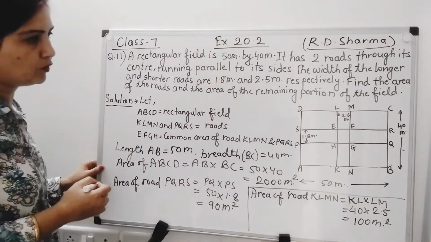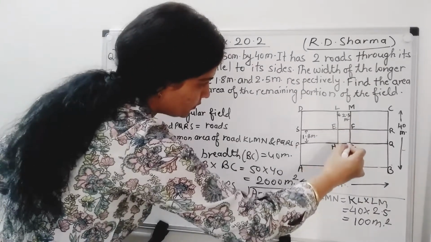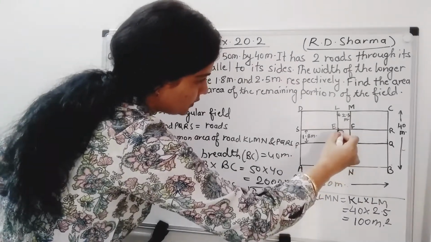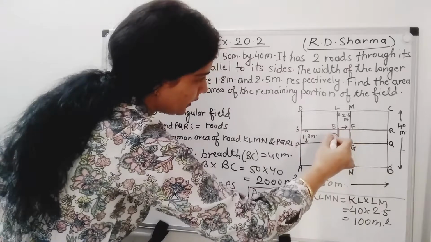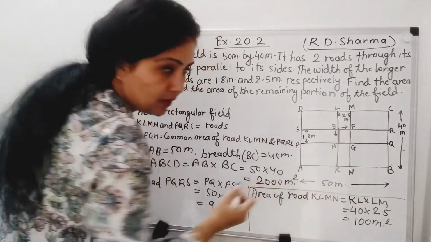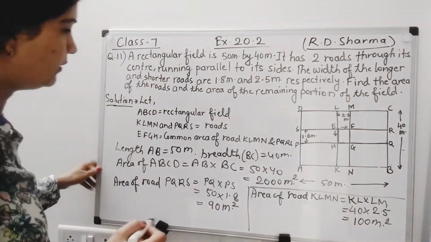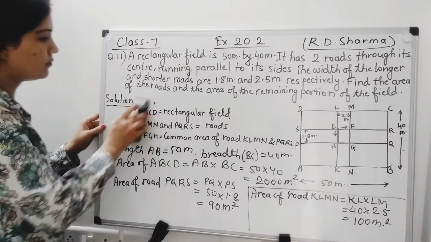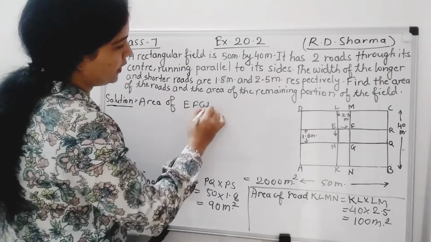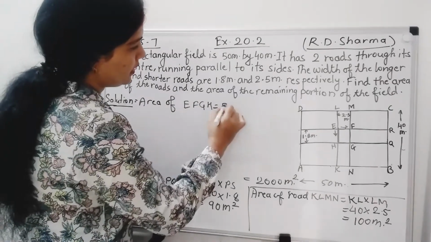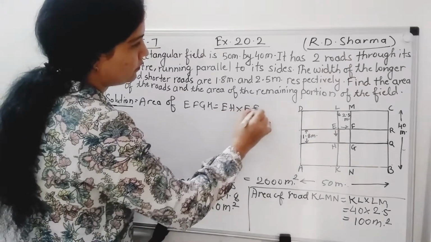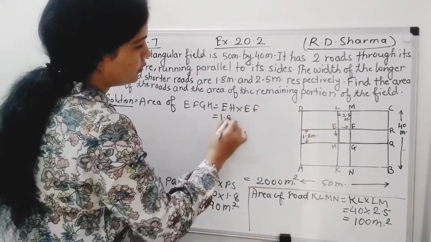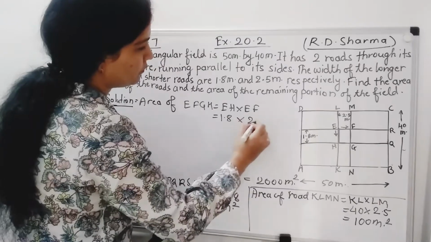Now we have to find out the area of the common part. As you know, this is 2.5 meter and this is 1.8, so we can easily find the area of the common part. EFGH will be equal to EH multiplied by EF. EH is 1.8 meter and EF is 2.5.